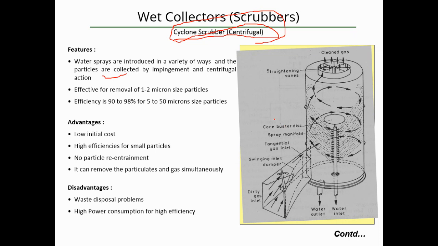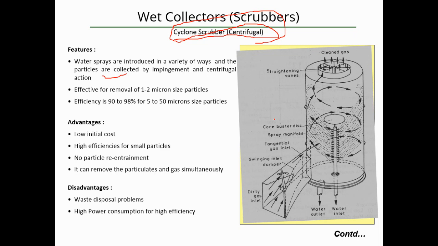The main difference between the cyclone separator and cyclone scrubber is an important question in the exam. You have to write the difference between cyclone separator and cyclone scrubber. Cyclone separator is a dry method of collection of particulate matter, but cyclone scrubber is a wet method.